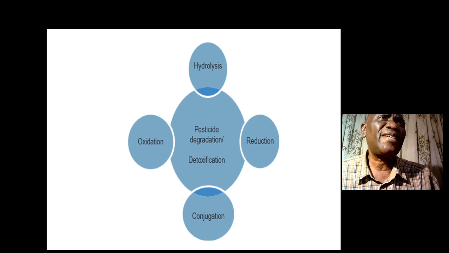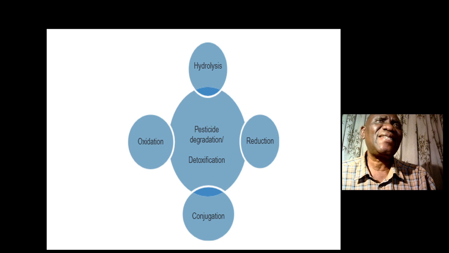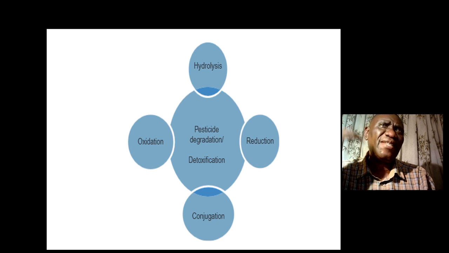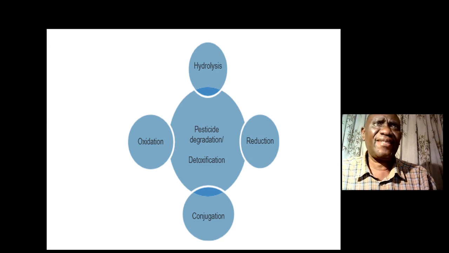We have got oxidation, hydrolysis, and reduction. Oxidation could be 7 reactions which we'll look at. Hydrolysis, maybe 3 reactions. Reduction, maybe 1. Then conjugation, maybe 3. But when we talk of conjugation, we are now in phase 2 and 3.